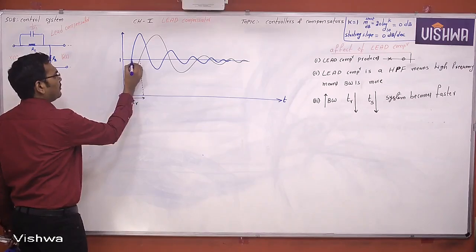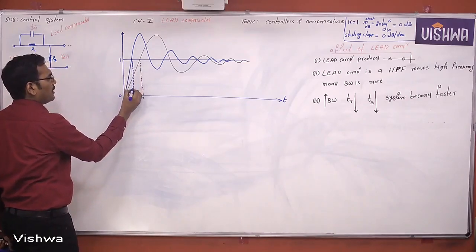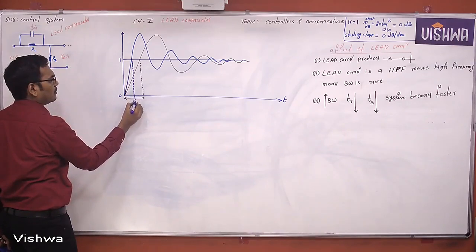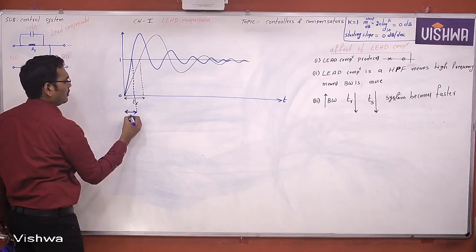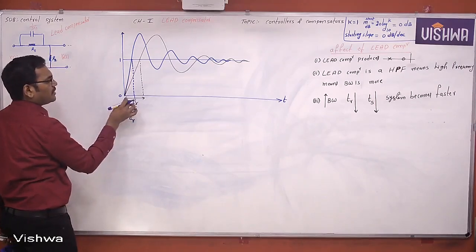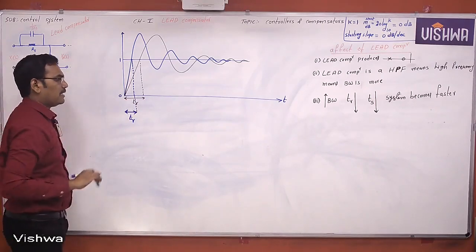The time taken by the response to rise from 0 to 100% is now decreased. Now rise time is decreased. Previously it was this much, and this is the rise time.